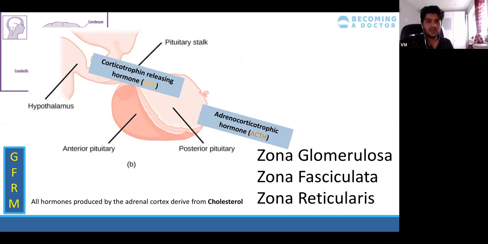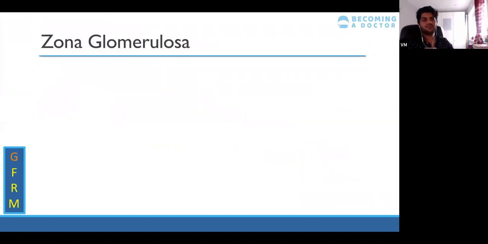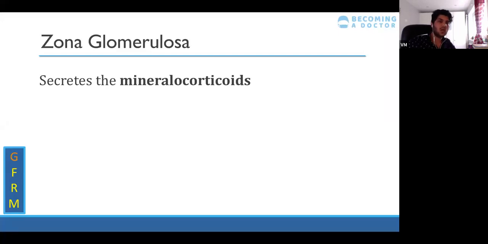So let's go into the layers of the adrenal cortex. And the first one, G from our EGFR mnemonic, we have the zona glomerulosa. Now the zona glomerulosa, as we remember, has got to do with salt, and it secretes mineralocorticoids. So perhaps the mineralo bit makes you think of salts.